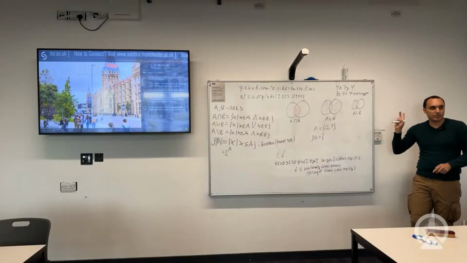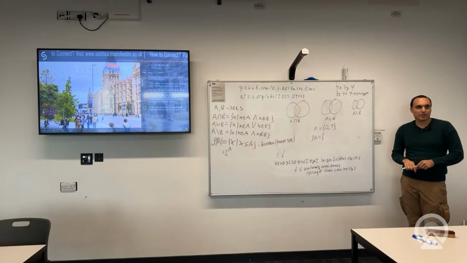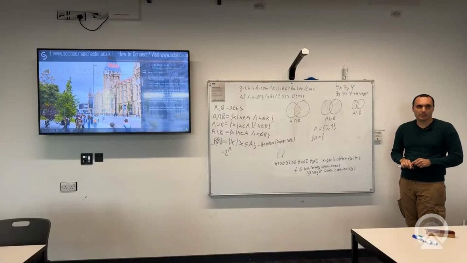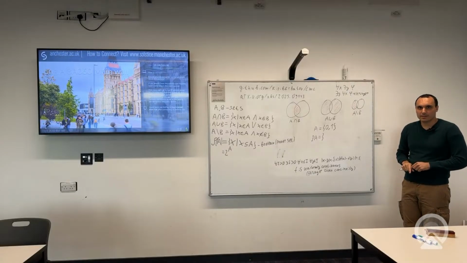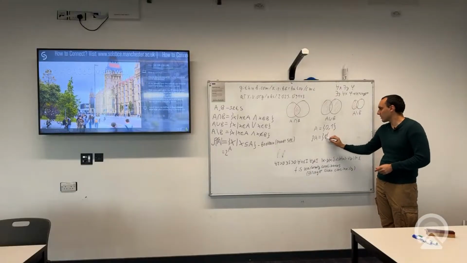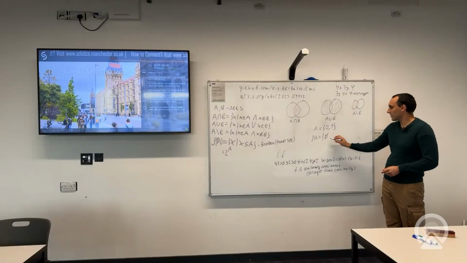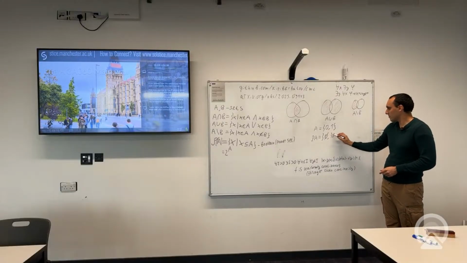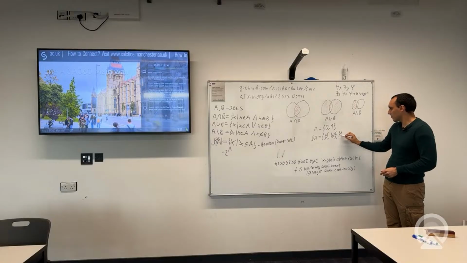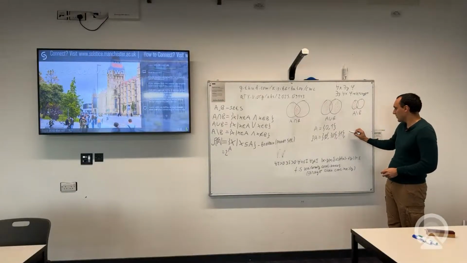What are the subsets of a two element set? The empty set, the set which is 0, the set which is 1, and A itself.